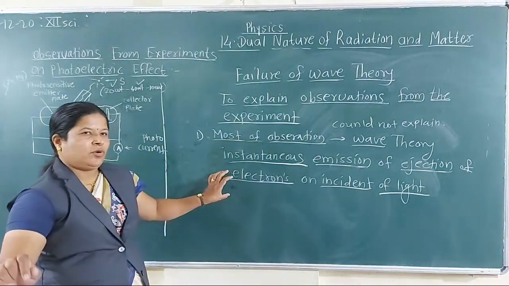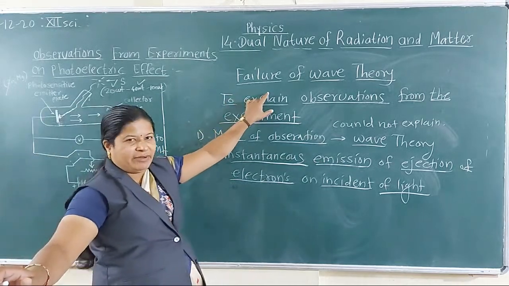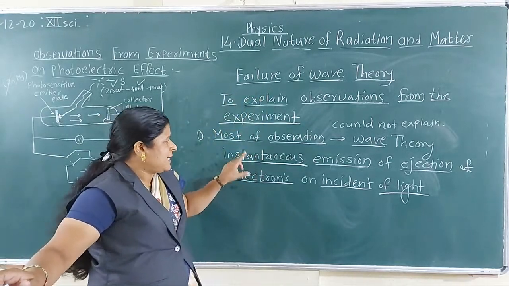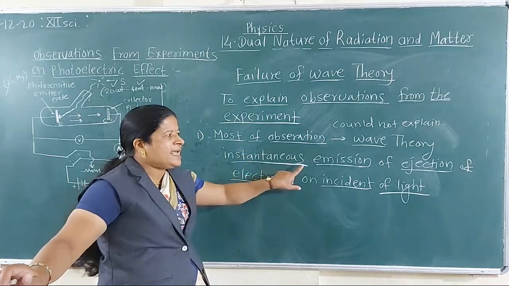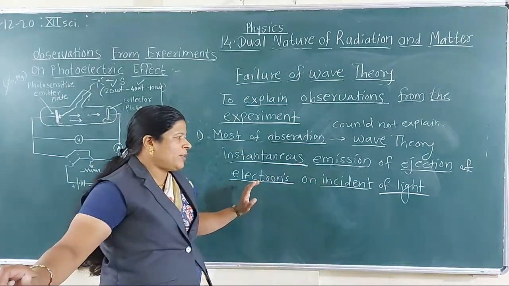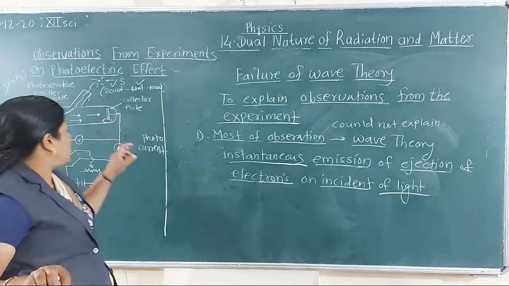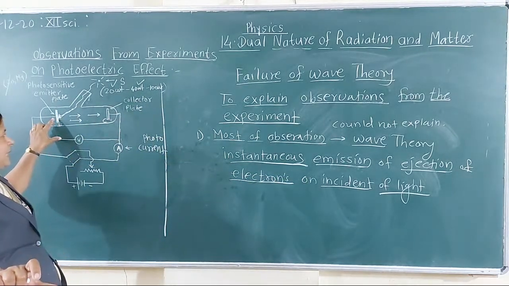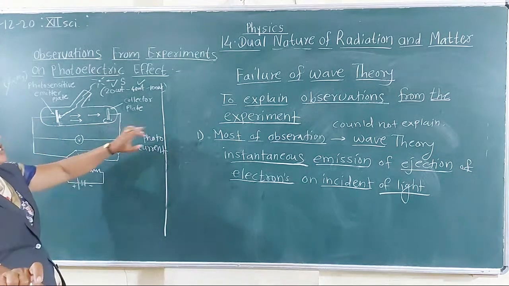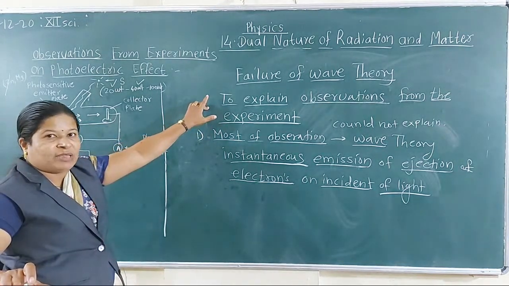This point could not be explained by the wave theory. That is, there is an instantaneous ejection of electrons as soon as the light is incident on the emitter plate. This point could not be explained by this wave theory.